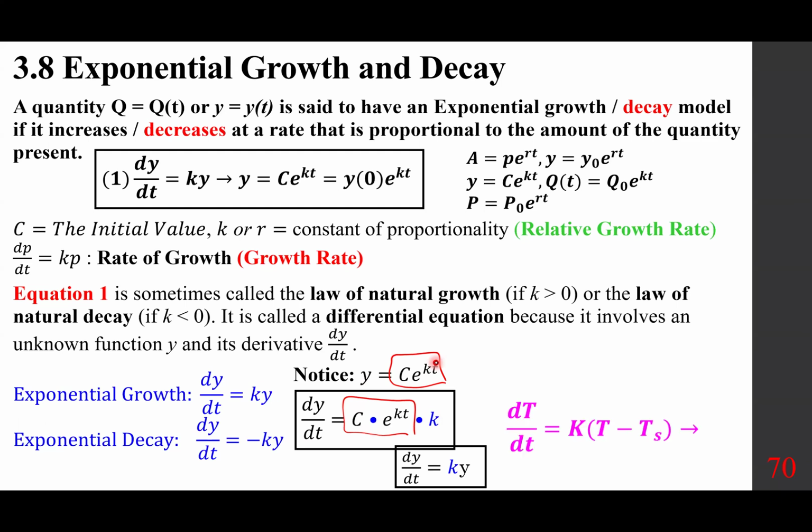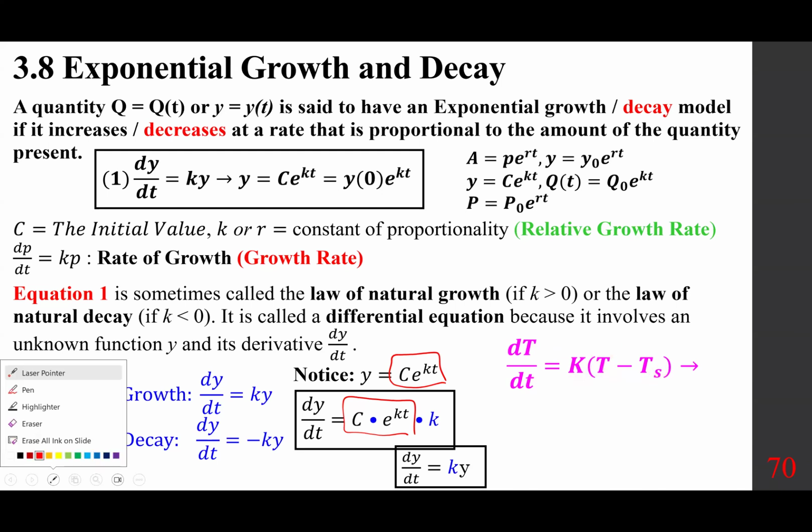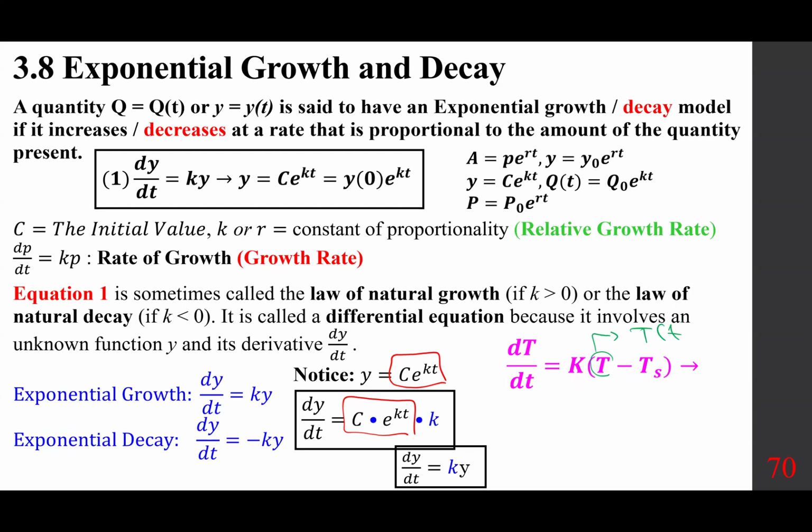Now we move to Newton's law of cooling, and I will elaborate on that shortly. dT/dt, where uppercase T is the temperature and lowercase t is the time, is k times T minus T sub s. This one, everybody, is a temperature as a function of t.